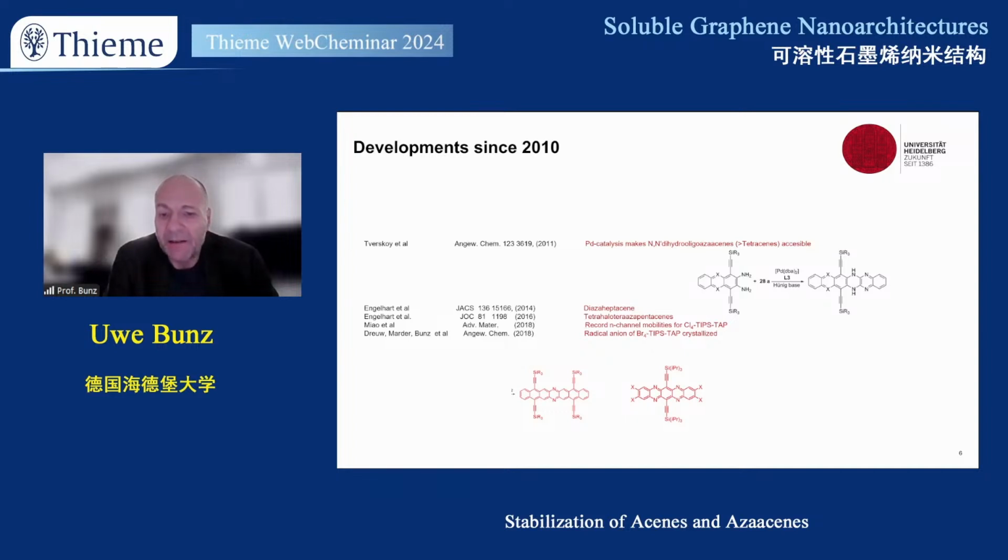Our later development, since 2010, basically used palladium catalysts to build up the corresponding azacenes. And one thing you can see is that you always obtain NH compounds, which then later have to be oxidized. These compounds are of course anti-aromatic, but they are actually more stable than the corresponding aromatic pentacenes or hexacenes or higher acenes.